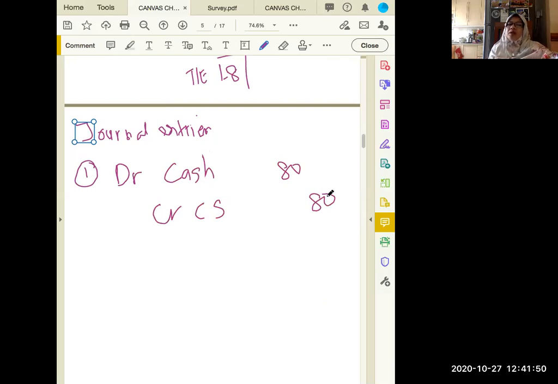So this is what we call journal entries. And then of course, in the journal entry, you will have one line that describes the transaction. In this case, the description is owners invest cash in the business. You always have to put debit and credit. You always start with the debit entry first, followed by the credit entry.